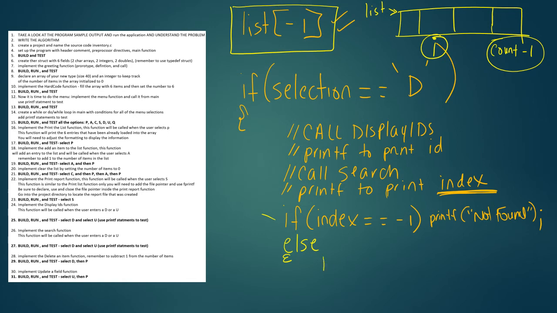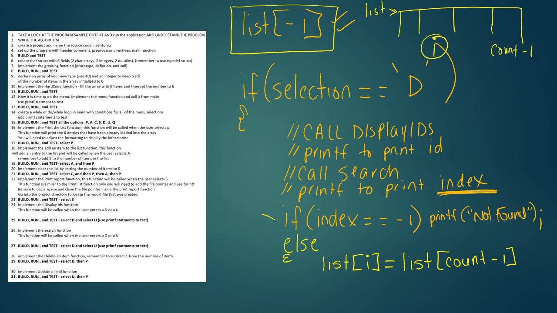You're going to say list at location I, that's the one to be deleted, equals list at location count minus 1, because count minus 1 is the last one, and then count is the first empty one, right? If you remember.